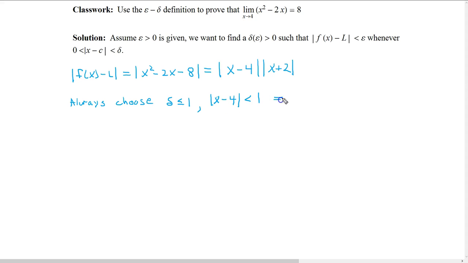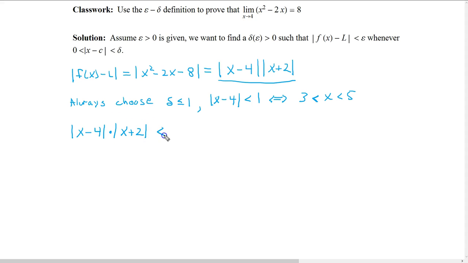And that is the same as saying that x has to be within 1 unit of the number 4, so x can be between 5 and 3. So x is always going to be between 3 and 5 from now on. Now we can bound the x plus 2 term.